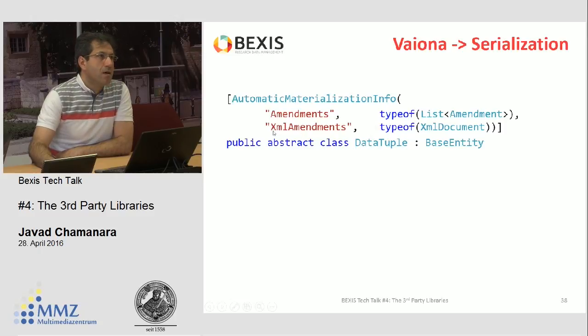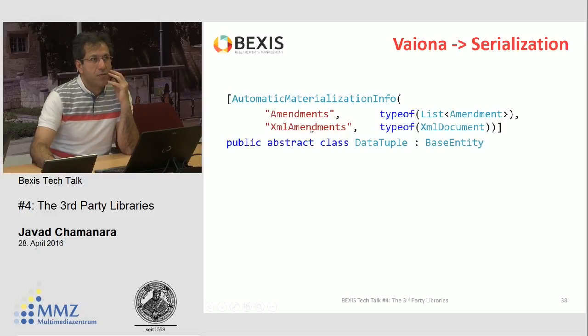Please transform it to XML amendments, that is an XML document, during materialization and dematerialization. So it's just like that, telling the dematerializer what should be transformed to what and what their types are.